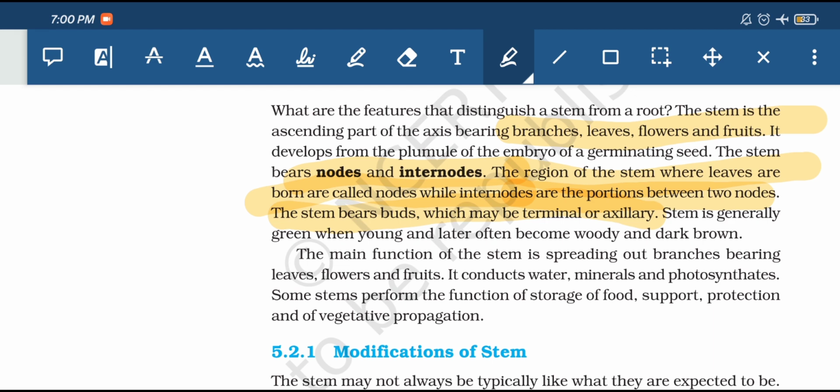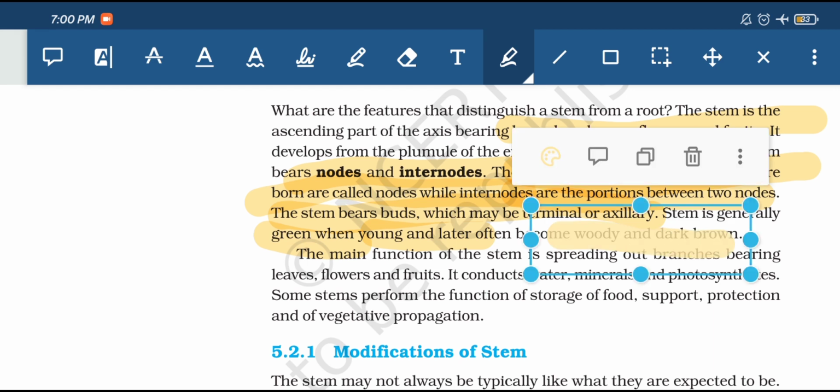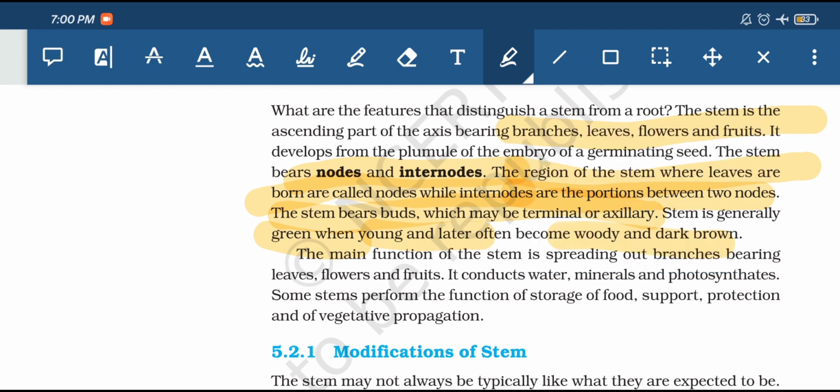The stem is generally green when young and later becomes woody and dark brown. The main function of the stem is spreading out branches bearing leaves, flowers and fruits. This is the main purpose of stem.